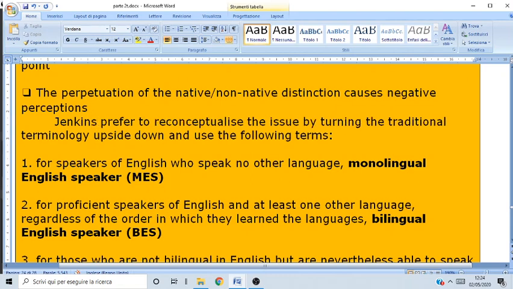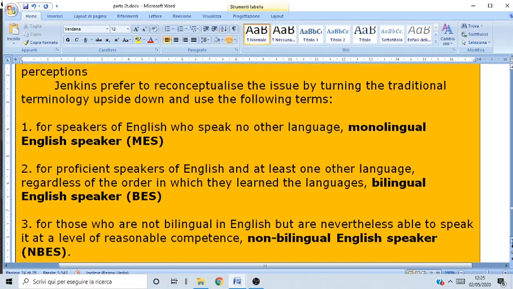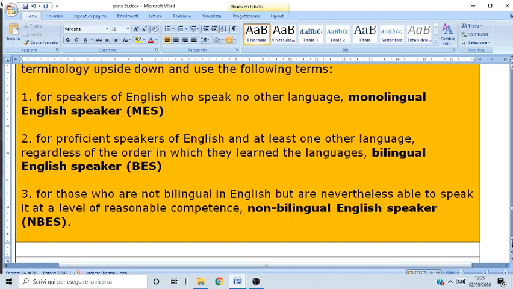Jenkins prefers to give another definition, okay, using different terms. In her opinion, it's more appropriate to talk about monolingual English speakers for speakers who speak only English and no other language. Okay, and she calls them MES.